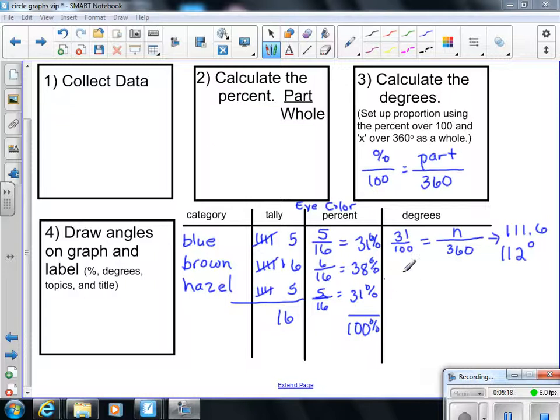Okay, what proportion would I use to find 38% of 360? 38 over 100 equals n over 360. Okay, now we'll do the math.